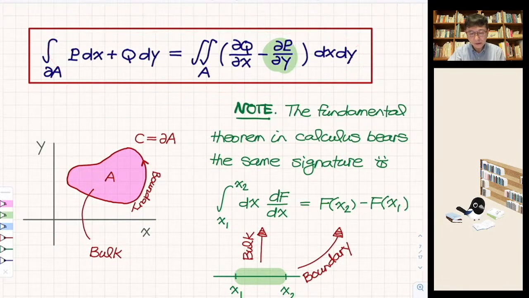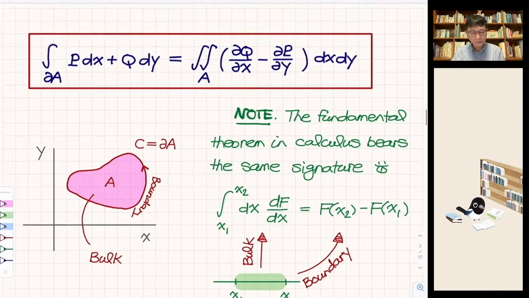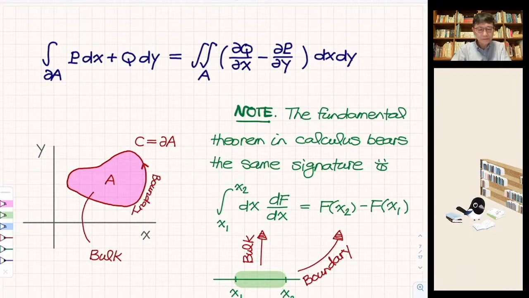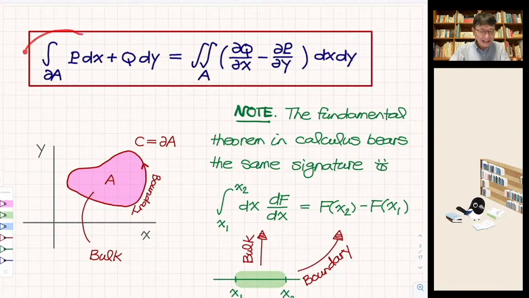Okay, here I don't need to highlight this anymore. This is something really cute and really nice. So please look at this whole picture one more time. On the left-hand side, it's a contour integral. It's about the boundary, right? The value of these contour integrals only occurs on the boundary. If you really evaluate all these terms, the value of the integrand only happens on the boundary.